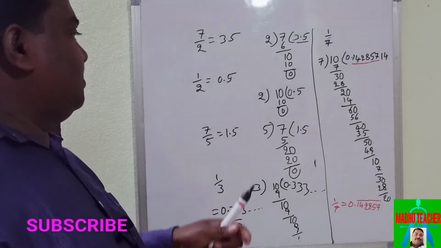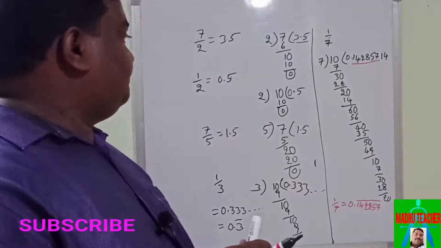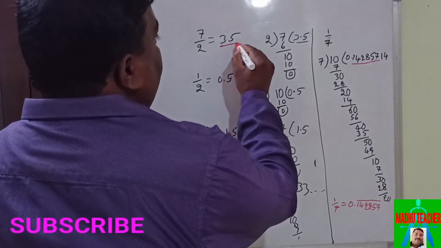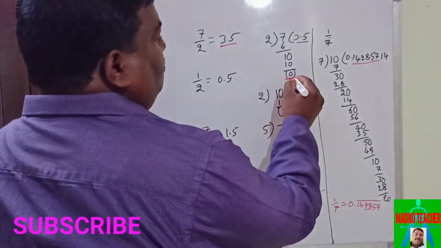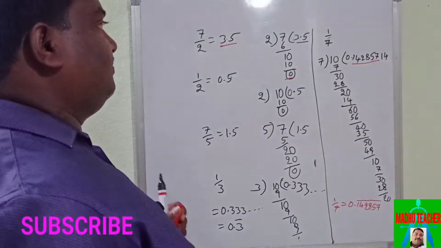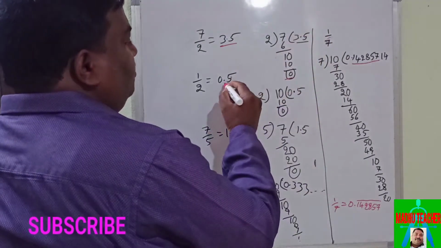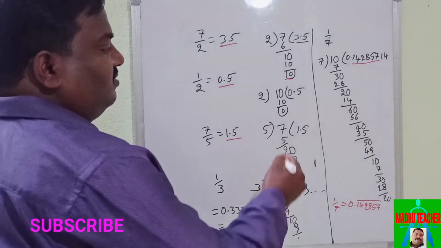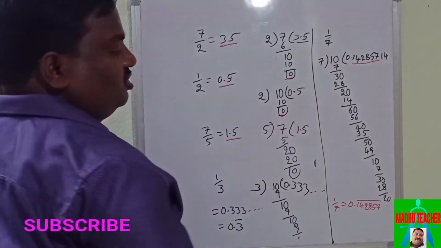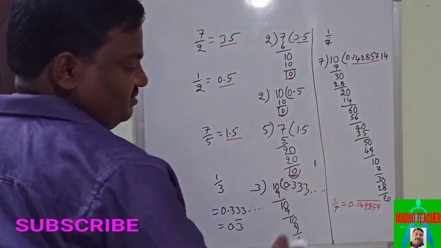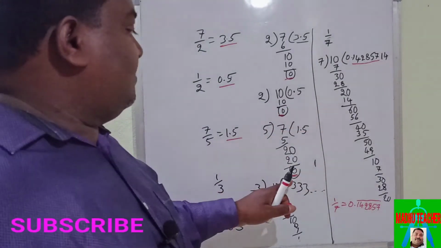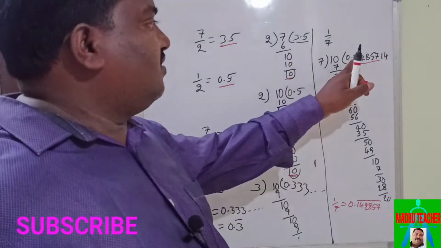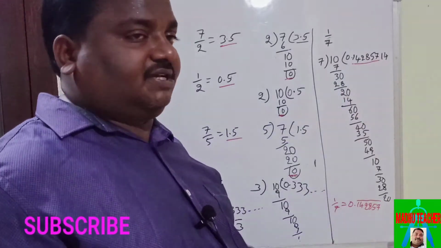By observing these, here we got 3.5, so finally we got 0 remainder and stopped here. Here also 0.5, here also 1.4, up to here the division stopped. Not repeated here, but here 3 is repeating, here 142857 is repeating.